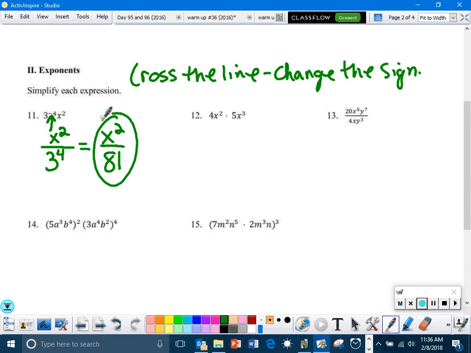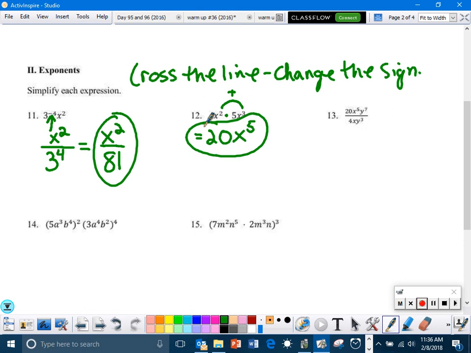So what we need to do with the 4 and the 5 is multiply them together. And that's 20. Then after the 20, we're going to put the letter x. Okay, x squared and x cubed, this is where we are going to add the exponents together. So that's x to the 5th. That's our answer, 20x to the 5th.